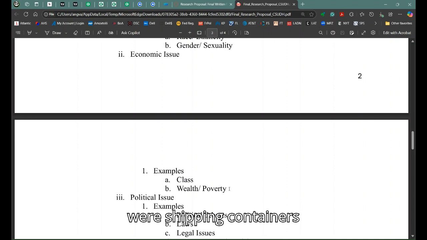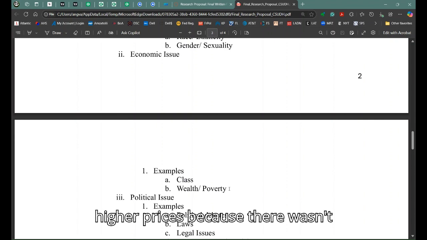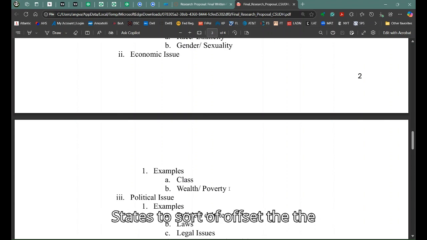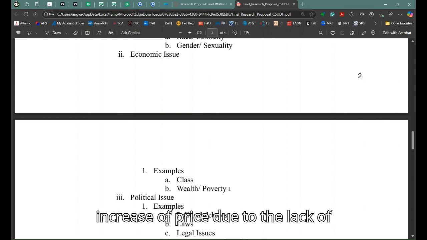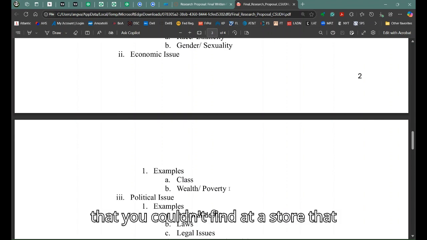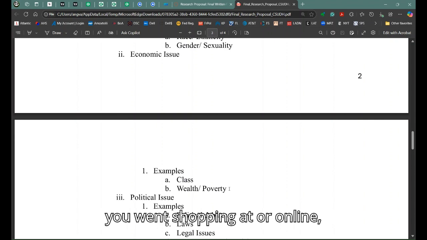That also led to higher prices because there wasn't enough product entering the United States to offset the increase in price, due to the lack of a specific type of item that you couldn't find at a store you went shopping at, or online.